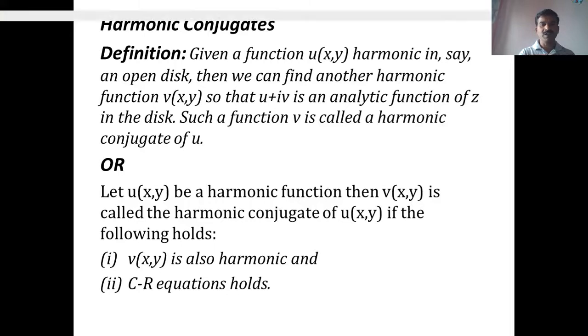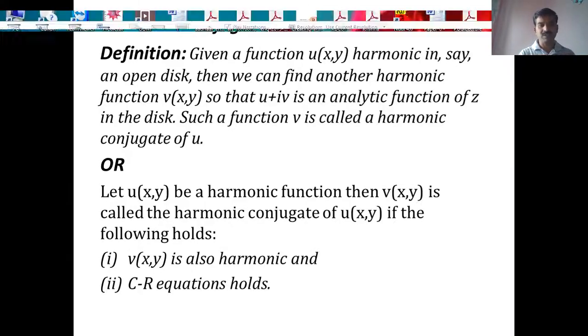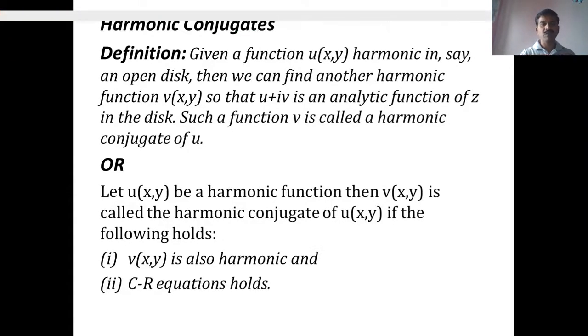Then v is called the harmonic conjugate of u if the following conditions are satisfied. One, v is also harmonic, provided u is harmonic, and that u has to satisfy the CR equations. Then only we can call v a harmonic conjugate of u.